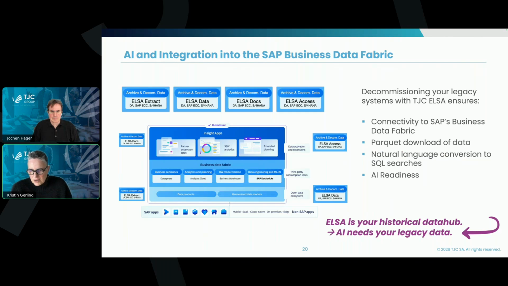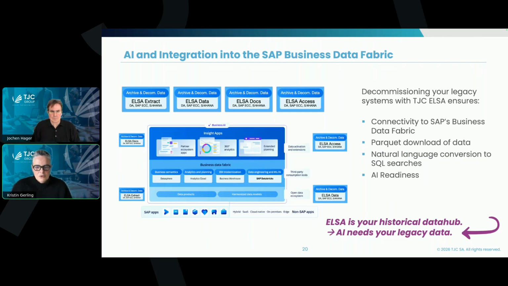You can do Parquet downloads, and ELSA itself has adopted AI with a natural language conversion for its SQL searches. So just like SAP, we are AI ready and want to make sure that the data is available, may it come from an old ADK file or from the ECC online data through our ELSA application.